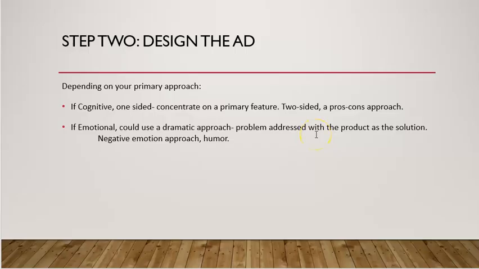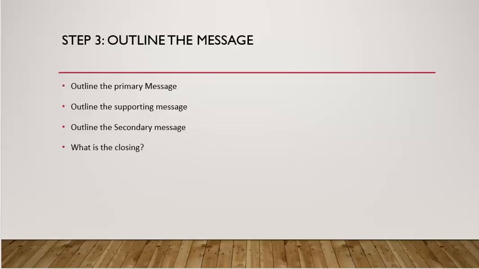You can do a negative emotion approach too, even humor, things like that. Be real careful with that. It can backfire. Not what one person thinks is funny does everybody think is funny, right? So we know that. So I would tread lightly on that, particularly in a product introduction. Okay.